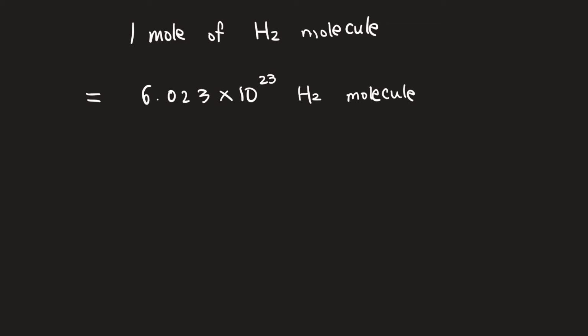But if we are asking about the atoms of hydrogen, then this one will become this value. After the calculation, you will find that you have 1.2 times 10 to the power 24 hydrogen atoms. This is the main difference that you should understand: hydrogen molecule here, but for atom you will have this value.